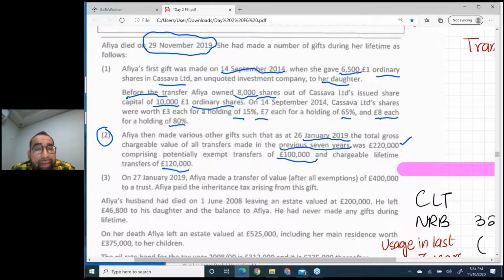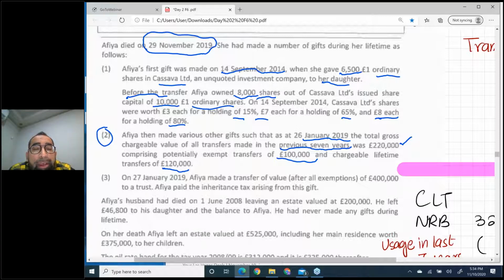She is alive, and they are saying in the last 7 years she did a PET of 100,000 and a CLT of 120,000. Can you tell me out of these 100 and 120 which event is chargeable?